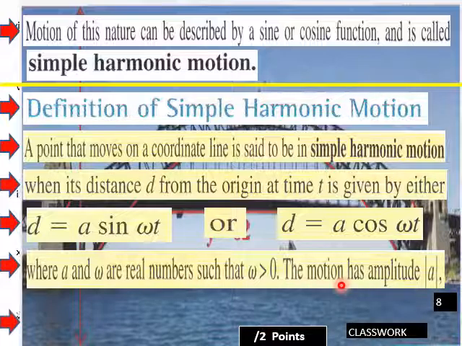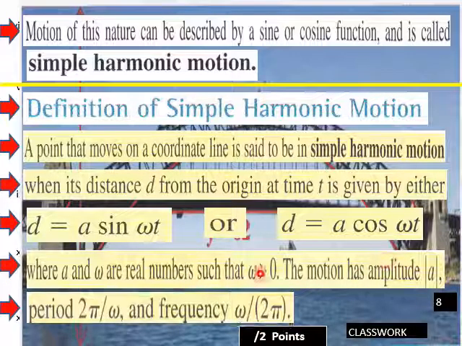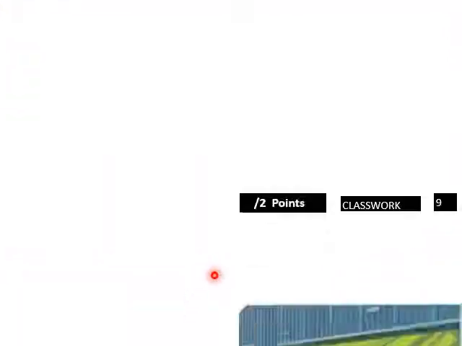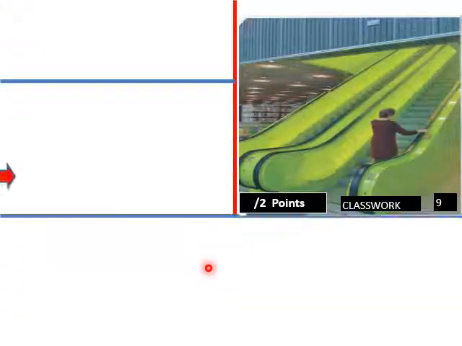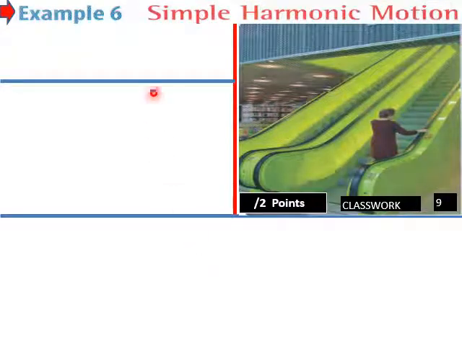The motion has amplitude absolute value of a, period is 2 pi over w, and frequency is w over 2 pi. So we got some facts there laid down.